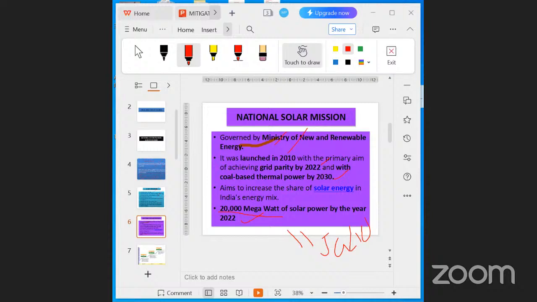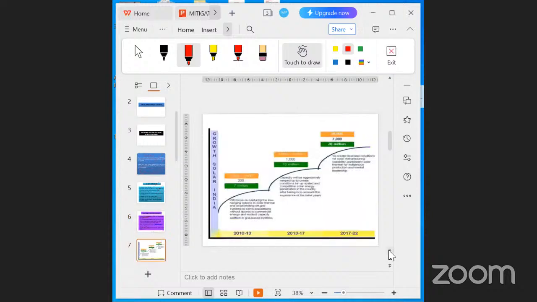So what is the objective of this mission? The objective of this mission is to establish India as a global leader in solar energy by creating the policy conditions for its diffusion across the country as quickly as possible, right?